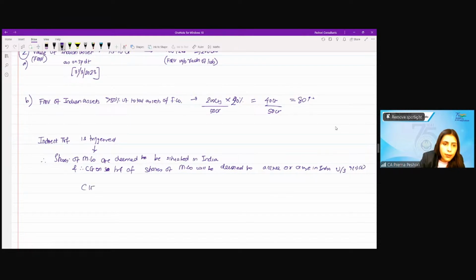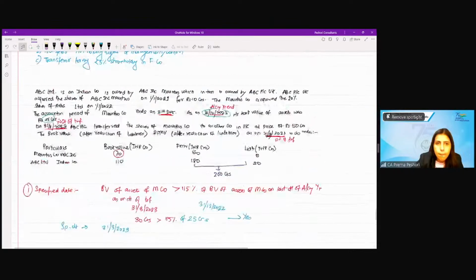Now, what will be my capital gains? What is my sale consideration?